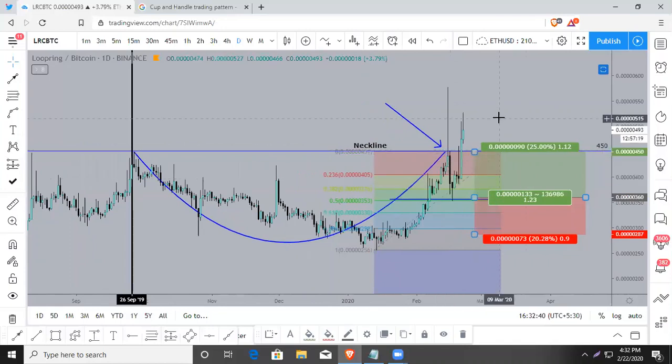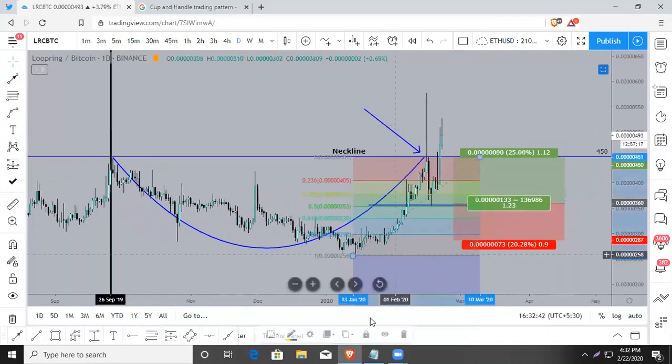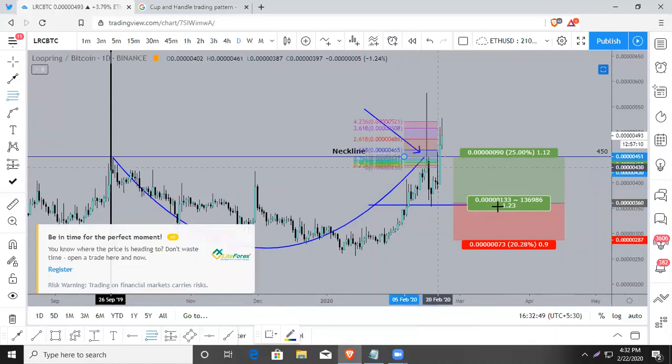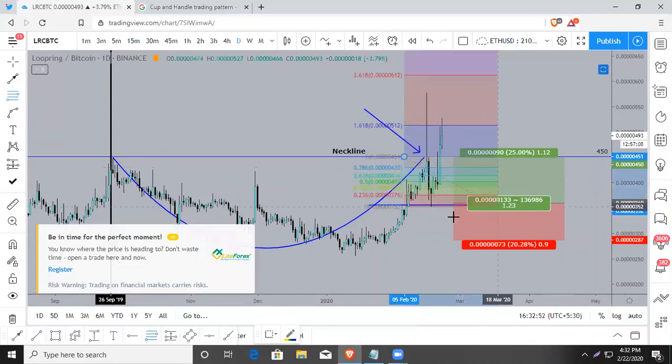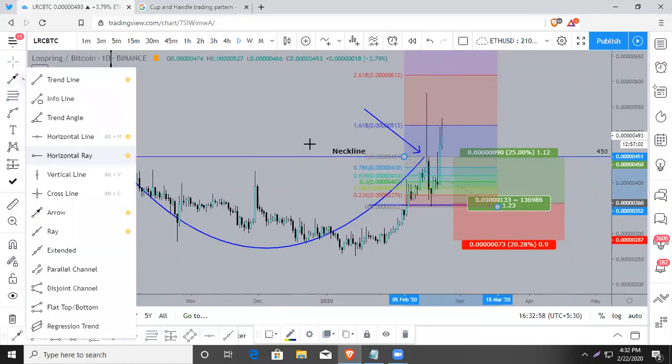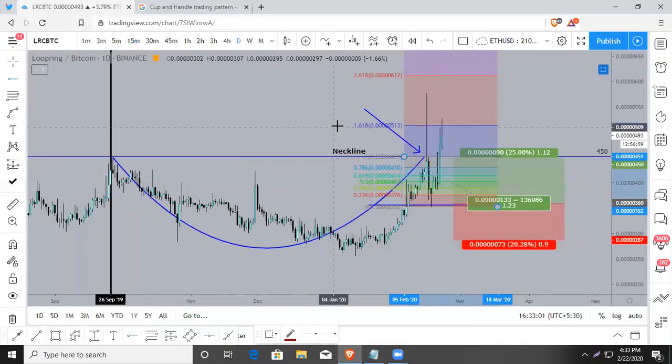Okay, and what can be your second target? You can use Fibonacci from the neckline to the low of the handle. Remember, I'm using the Fibonacci tool from the neckline to the low of the handle, and 161% of this handle is your first target.